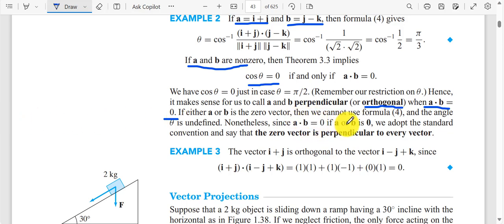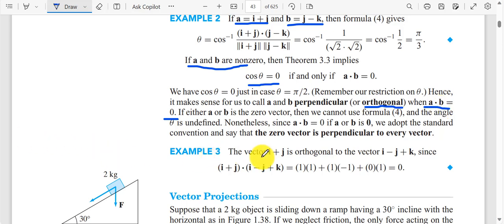So we adopt the standard convention and say that the 0 vector is perpendicular to every vector, because we just defined what we mean by perpendicular, and it was that A dot B equals 0. And of course, if either A or B is 0, then the dot product will be 0. So if we have a 0 vector, we'll still call it perpendicular to any other vector.